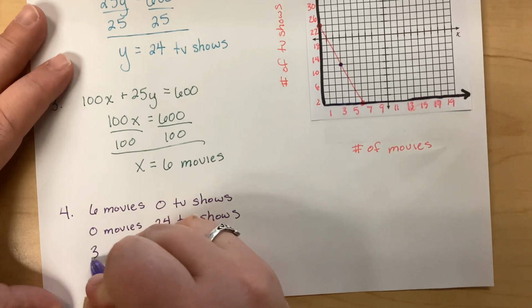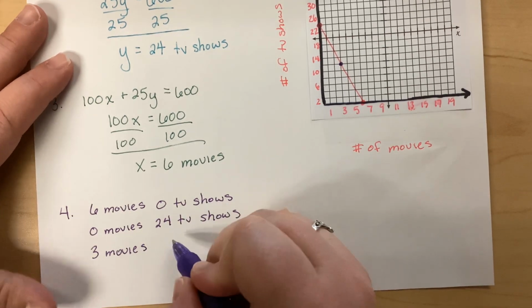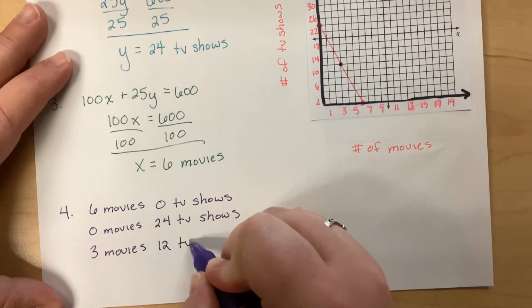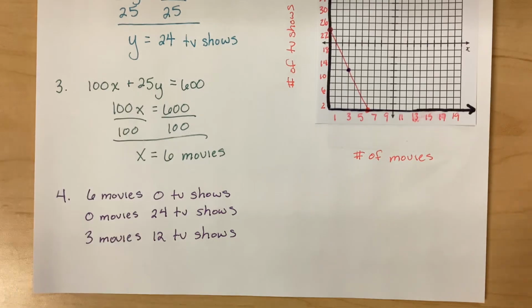So 3 movies and 12 TV shows. Now those are probably not the only options. There are others, but those are the ones that are easy to see. So basically you could choose the intercepts and then 1 more point on the line that works, or you could pick any 3 points on the line. It's up to you. But that's it. That's how you graph linear functions in any of their forms.